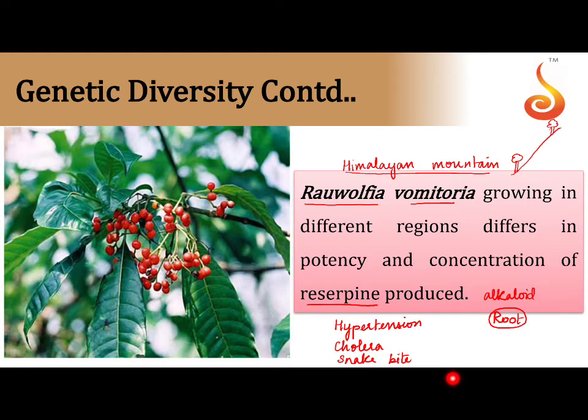Reserpine extracted from the tree at the top is of high potency, and for the tree from the bottom of the Himalayan mountains, the potency is very low. So, reserpine extracted here is of low potency. So, what we understand is there is genetic variety based on the location.